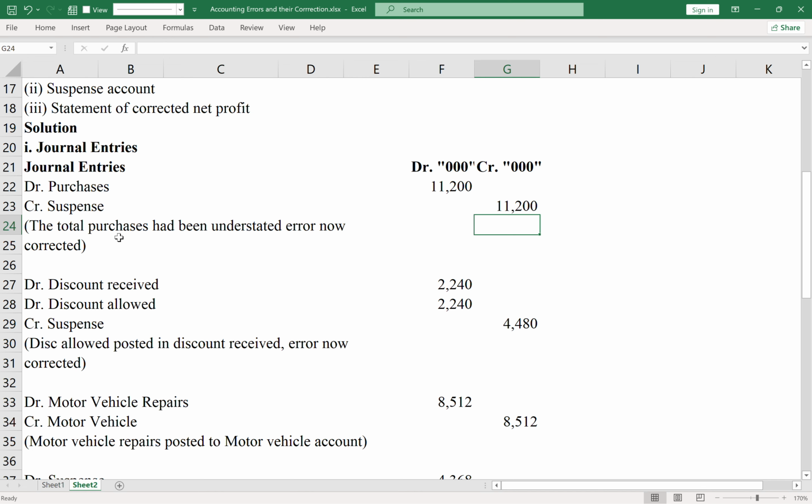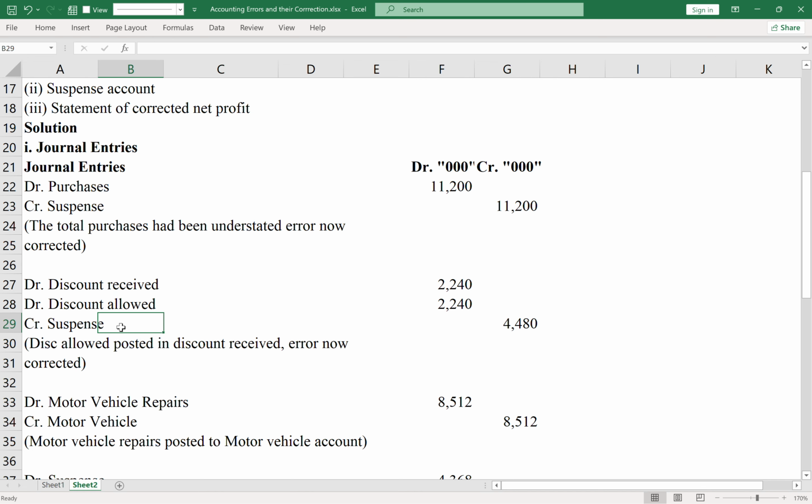Number 2, we are told the total of the discount column on the debit side of the cash book, amounting to 2,240,000, had been posted on the credit of discount received. So here we have the discount received which has been credited. We are going to debit the discount received as well as the discount allowed, each of 2,240,000.